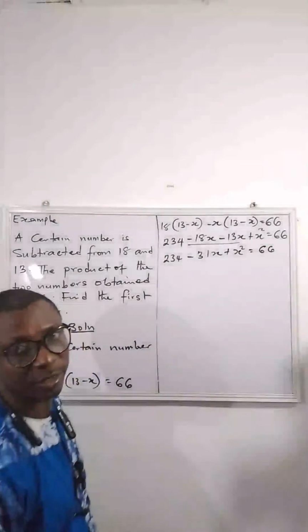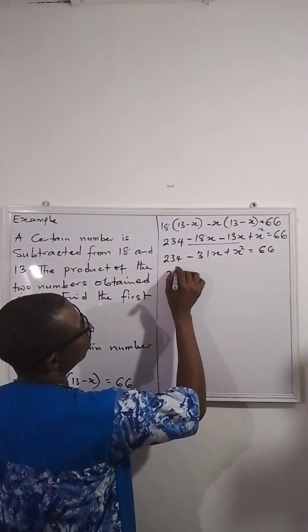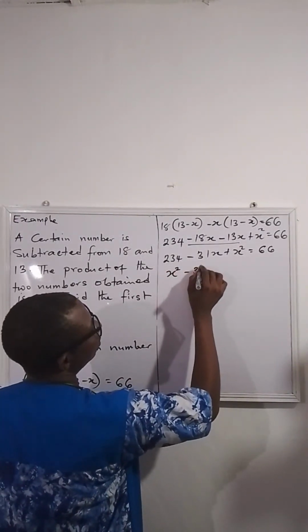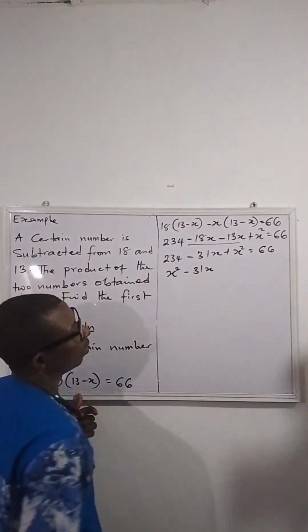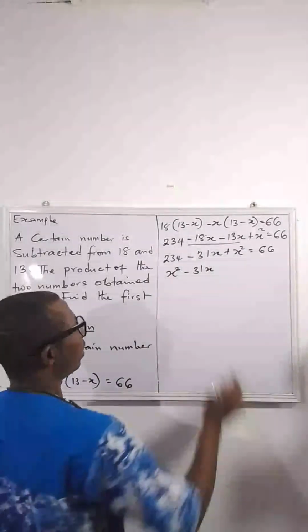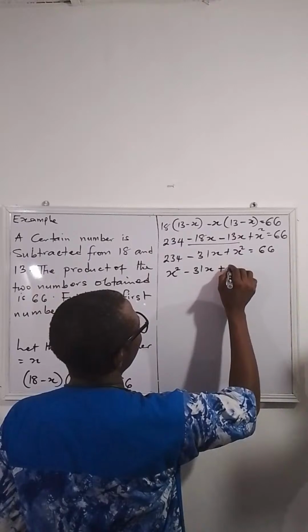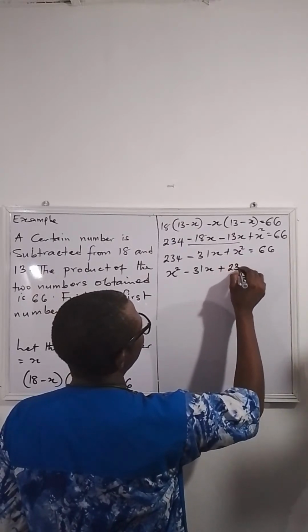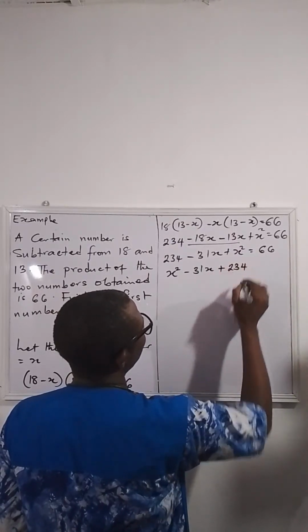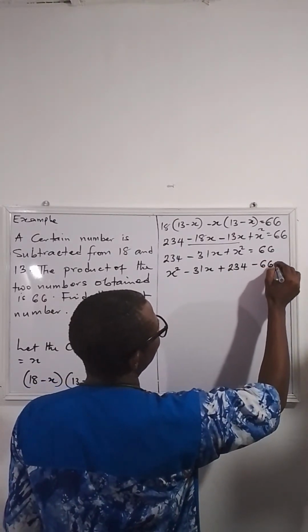So you can rearrange. We have x squared minus 31x, plus 234, minus 66 equals 0.